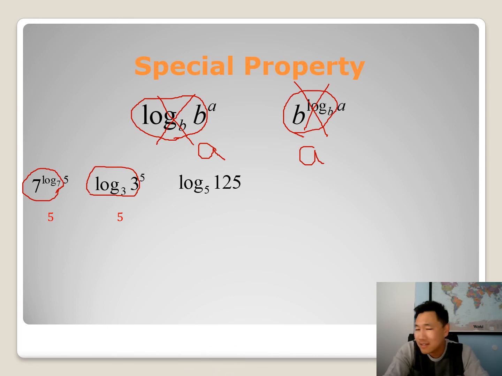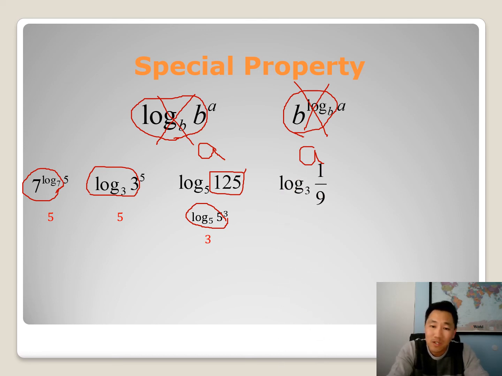This one doesn't look like it fits the property, but we can rewrite 125 a different way. 125 is the same thing as 5 to the 3rd power. And now you see that this is the property, it goes away, and our answer is 3.